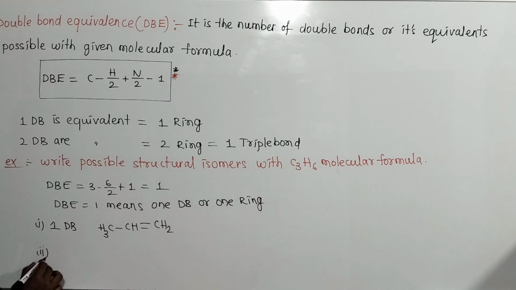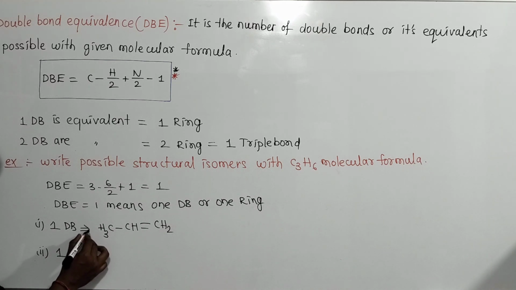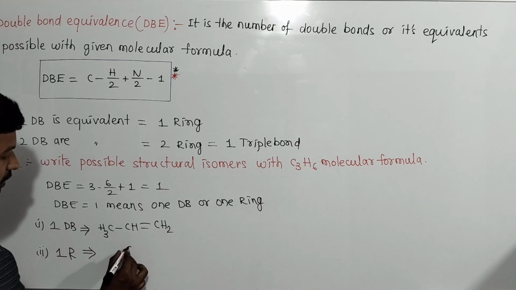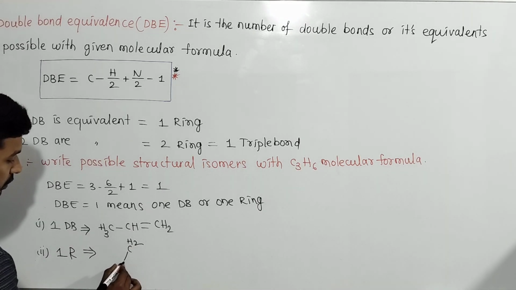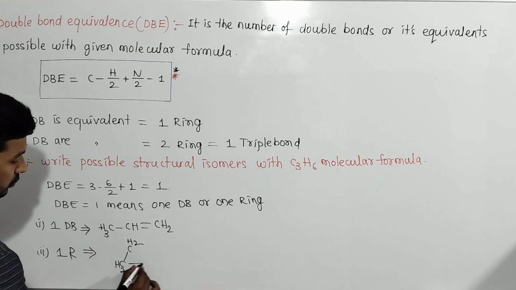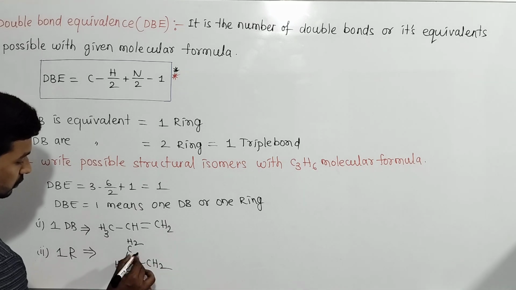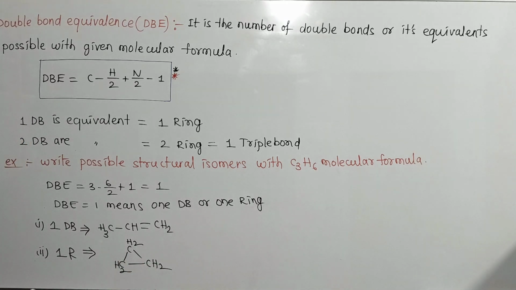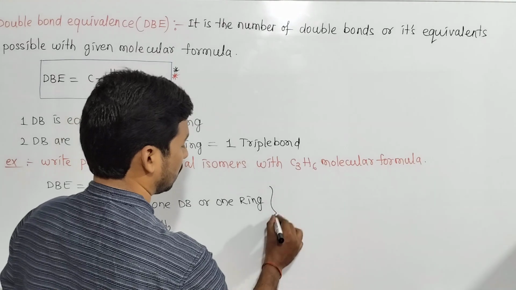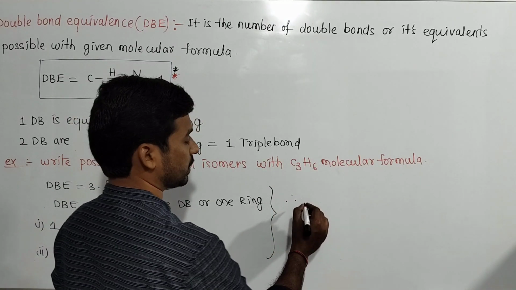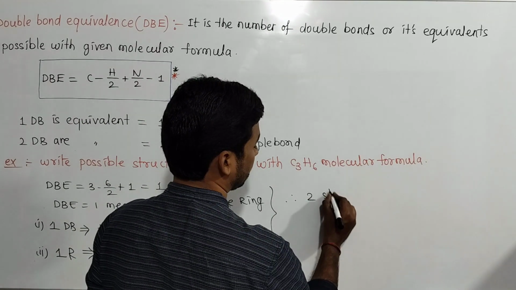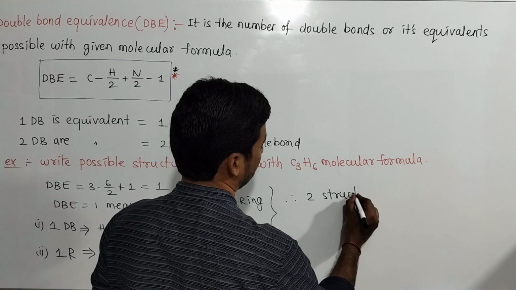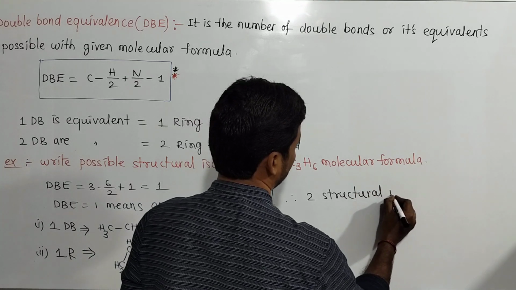Next, with one ring also only one is possible, that is CH2, CH2, CH2. Thus how many structural isomers? Therefore 2 structural isomers are possible. 2 structural isomers.